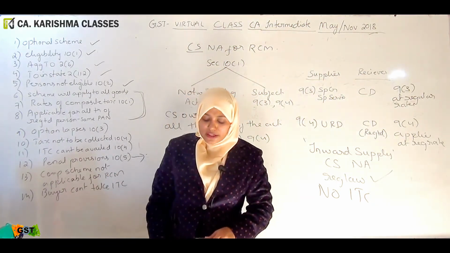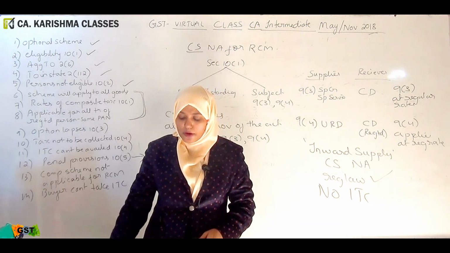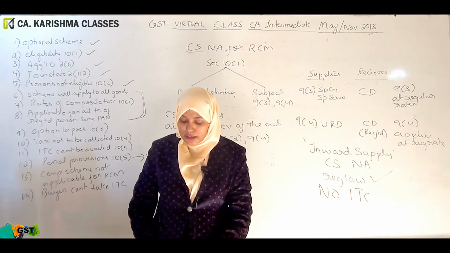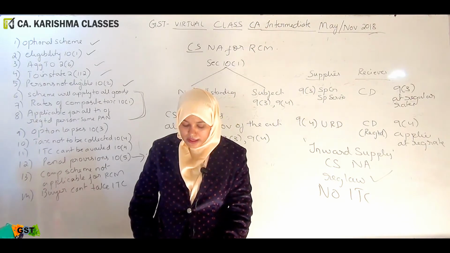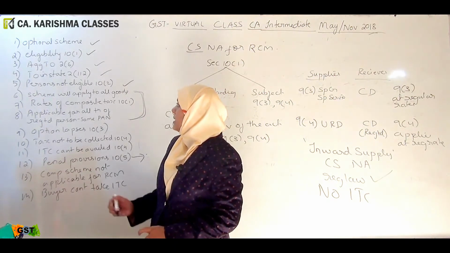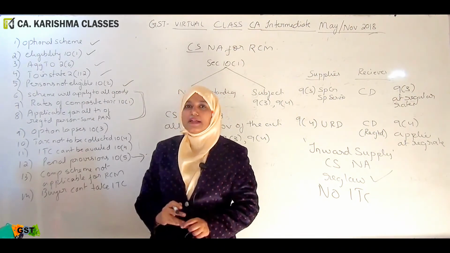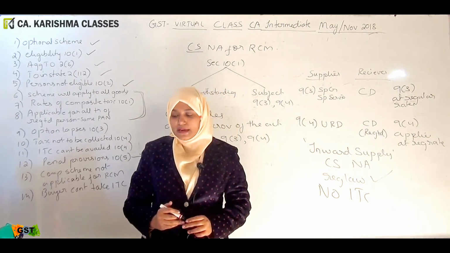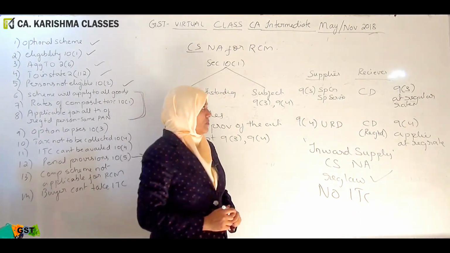Then further, there are some more points, and we don't want to miss anything, so listen carefully. In the list of persons not eligible under Section 10(2), we have not mentioned one point. That point I want to add now.